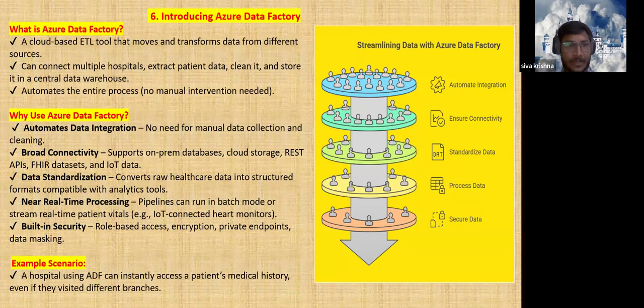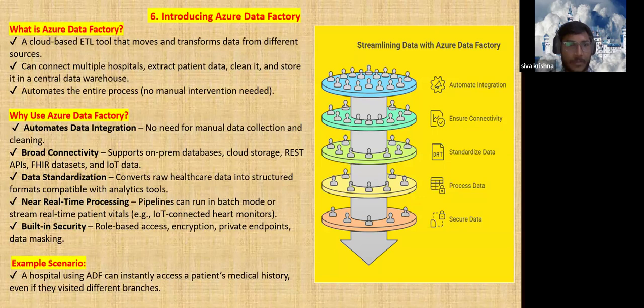Then the third one is data standardization. Once we are collecting the data, it converts all this raw patient data into a structured format by eliminating any missing values and errors. So it is compatible with this data standardization, so that we will get the required transformed data.